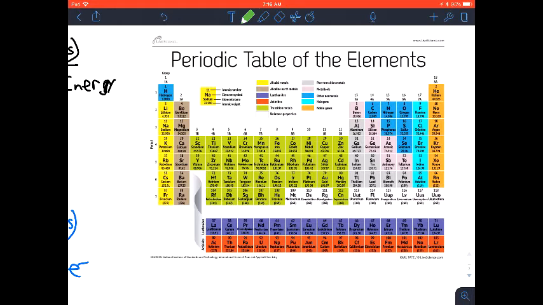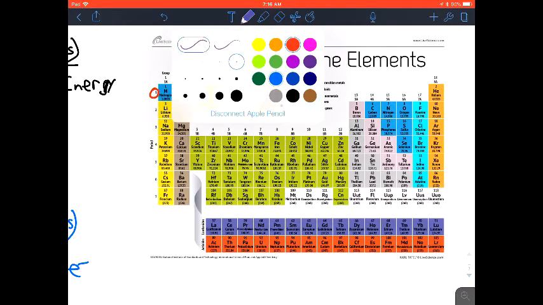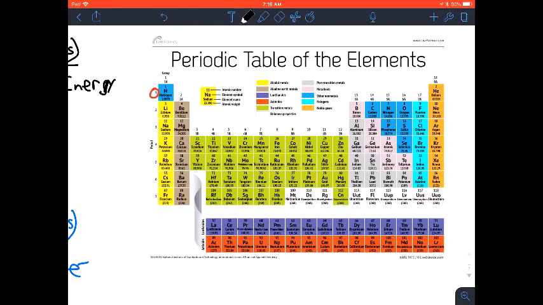So for example, on the 1st period, or the 1st floor, you're going to have 2 rooms on that floor: hydrogen and helium. Therefore, your first energy shell can only have 2 electrons in it.